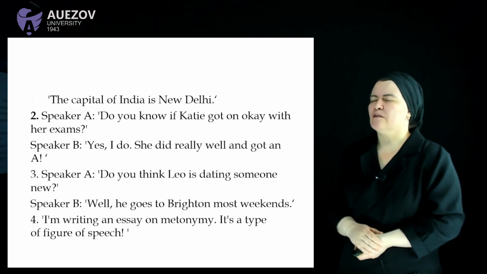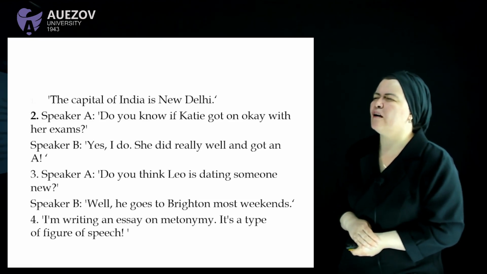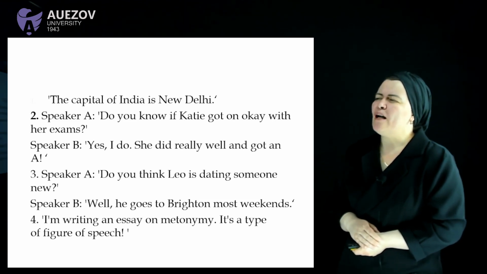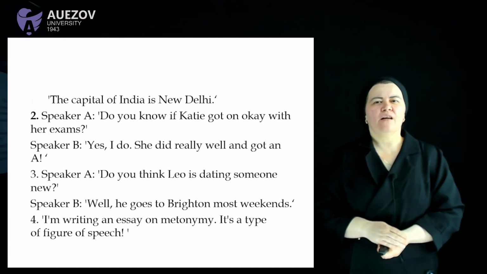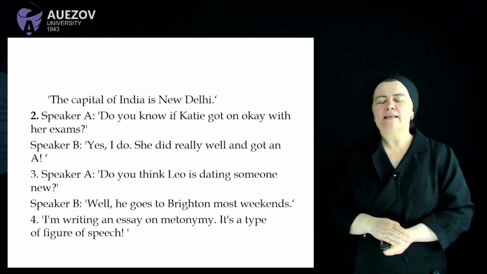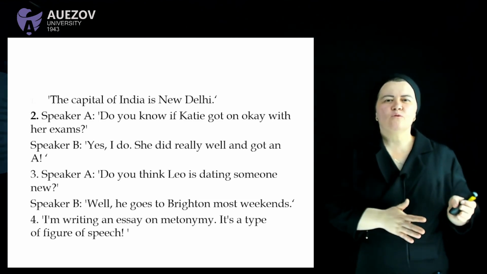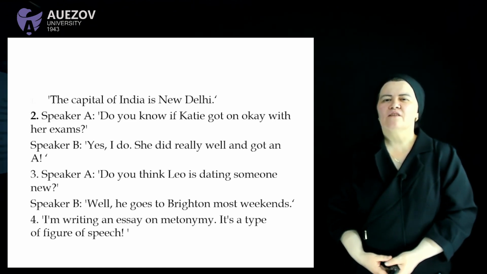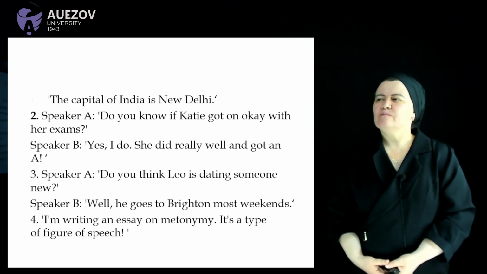And the third example here, we can see speaker A: Do you think Leo is dating someone new? Speaker B: Well, he goes to Brighton most weekends. So here speaker A is asking about Leo's new date, and speaker B is not saying that Leo is dating a new girl or somebody else, but says that he is going to Brighton, and it means that in Brighton Leo has a new date, and that's why he is going to Brighton most weekends.